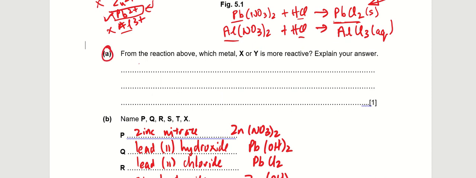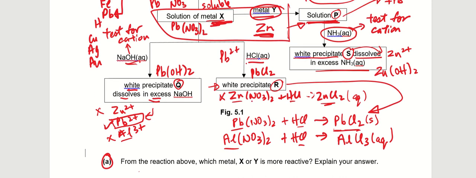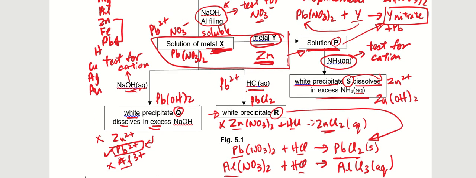Question A. From the above reaction, which metal X or Y is more reactive? Explain your answer. Now we have determined that since there was displacement reaction taking place, metal Y is more reactive than metal X. That's why the metal Y was able to displace metal X from the solution of metal X. Okay, and that confirms because zinc is indeed more reactive than lead here.